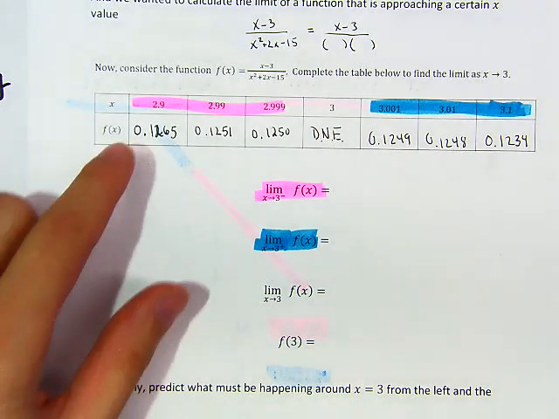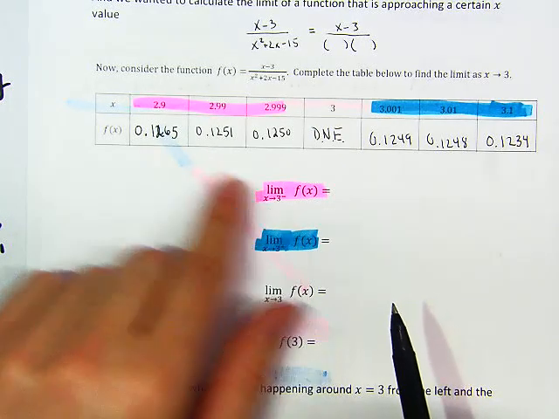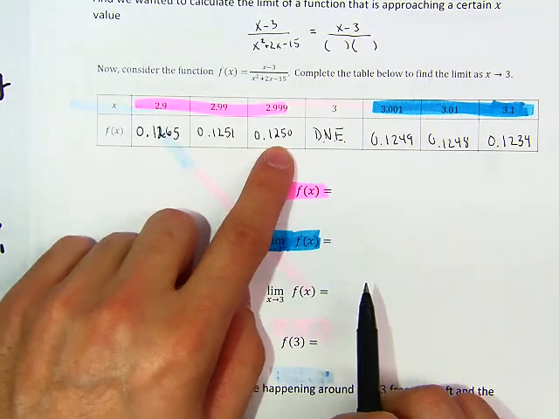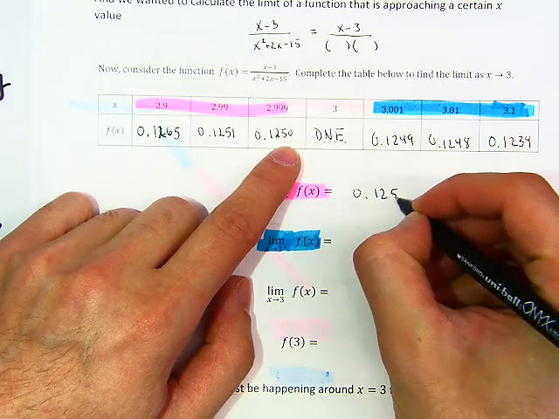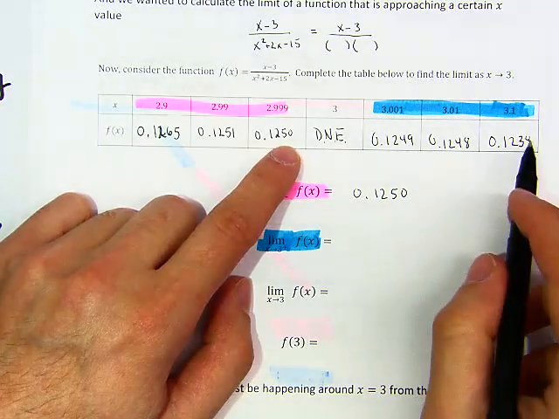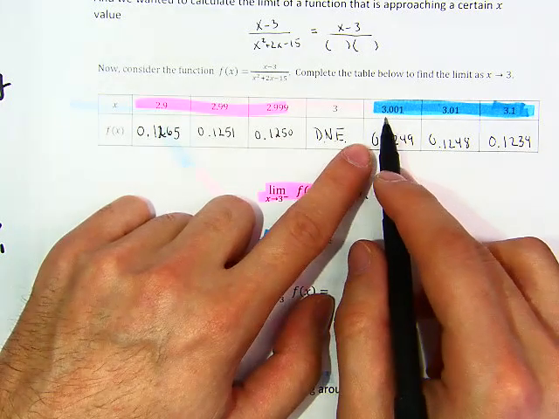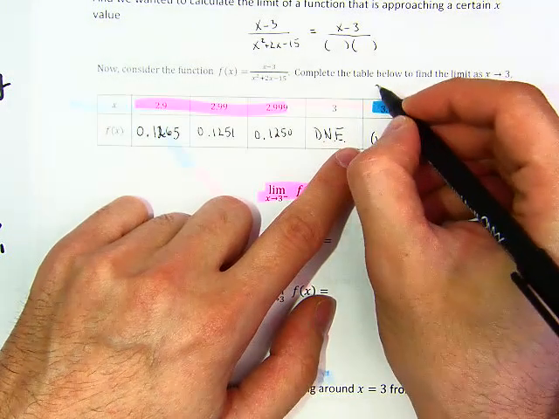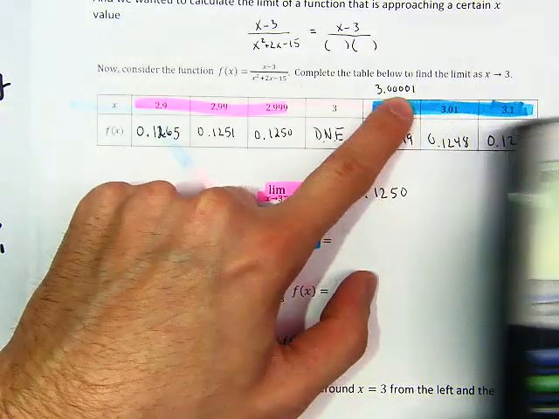Let's see what happens. As you're approaching 3 from the left, notice that these values look like they're going to 0.1250. And it looks like it's going the same way over here. If I were to do 3.001, let's just try that again, 3.0001, like that. Let's just see what happens.